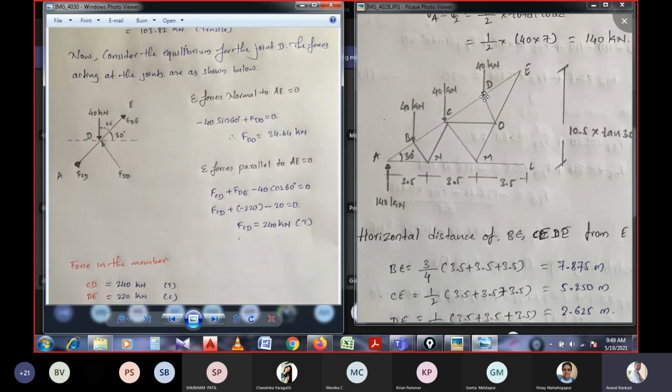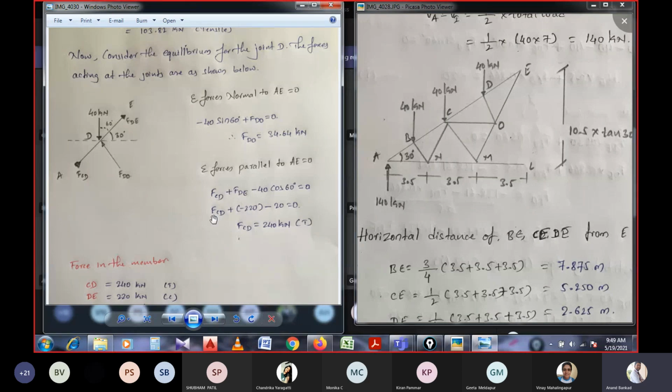Now FDC can be calculated by referring to the forces parallel to the member AE. So what are the forces parallel to member AE? FCD is the force and FDE is the force along the member, and apart from that, the 40 kilonewton force gives 40 cos 60, which is moving downward and taken with a minus sign.